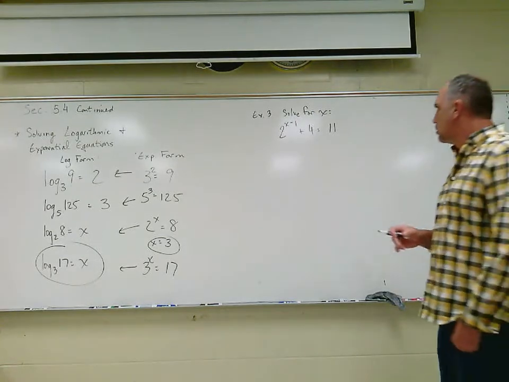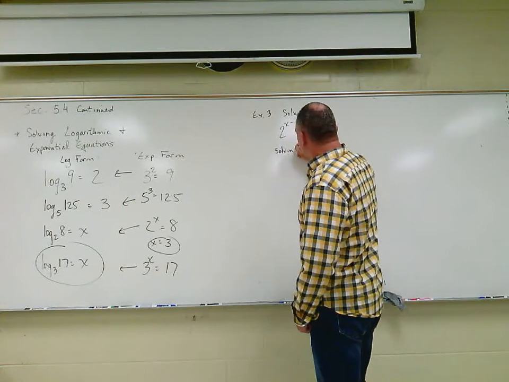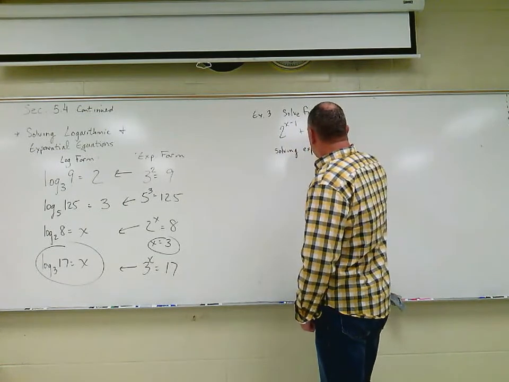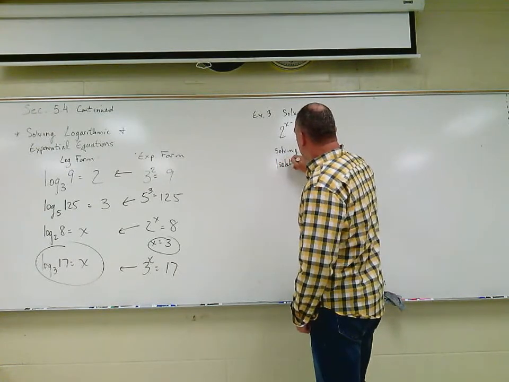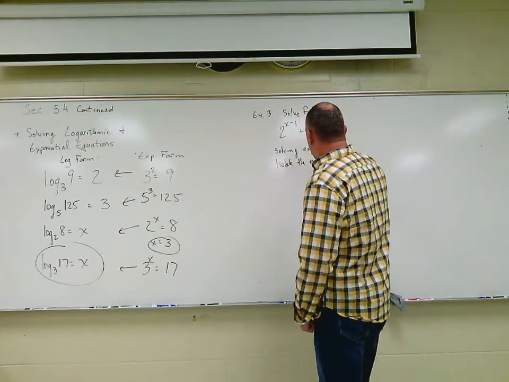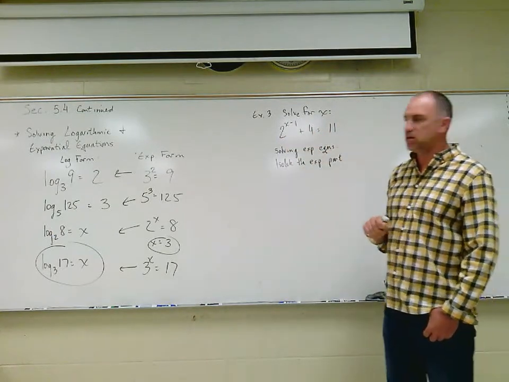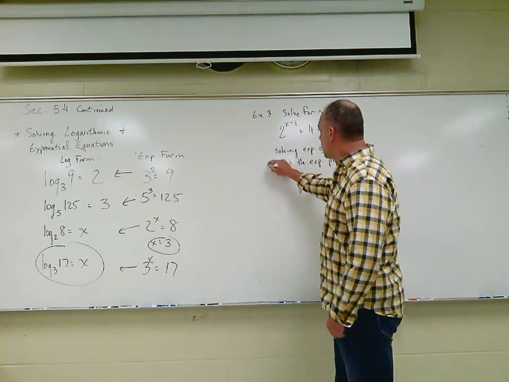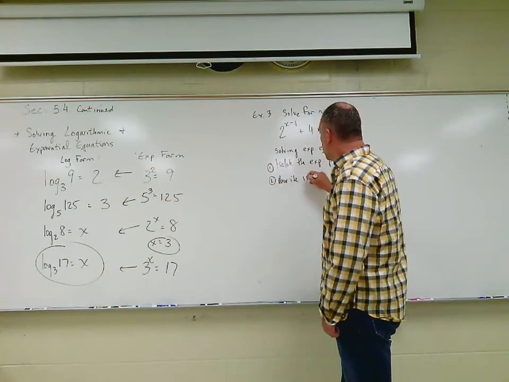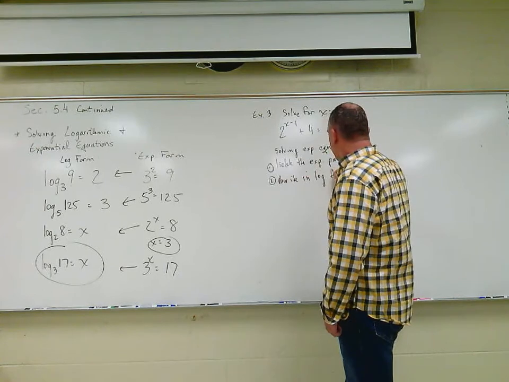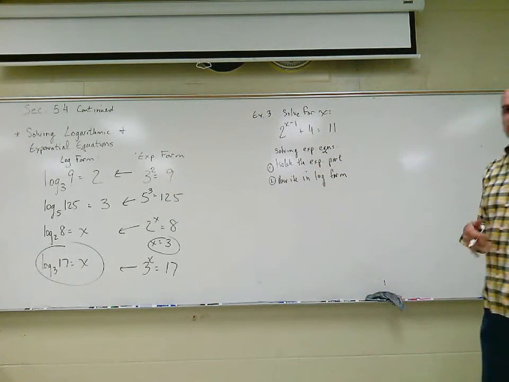When solving exponential equations, we're going to isolate the exponential part. In this case, we're going to isolate the 2 to the x minus 1. And after we isolate, we're then going to rewrite in log form. And that will allow us to then get x by itself.